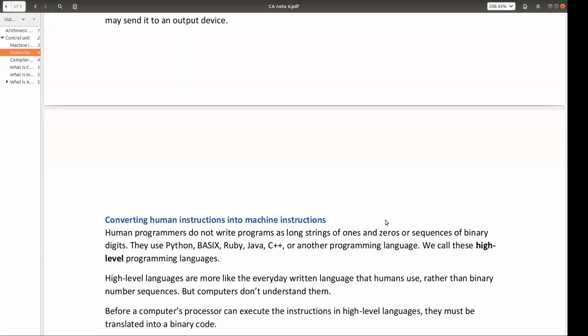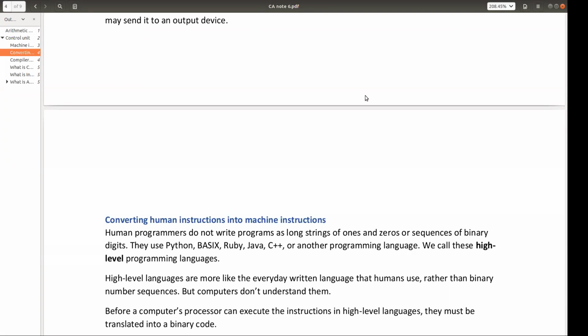The answer is that they are understandable only by human beings, not by the computer. That's why these are known as high-level programming languages.